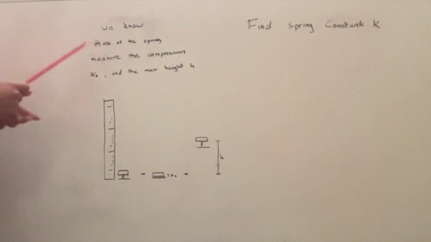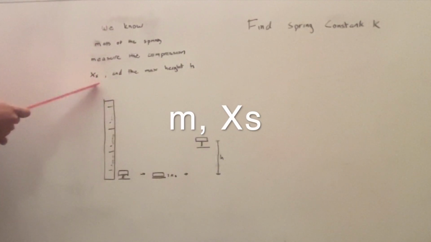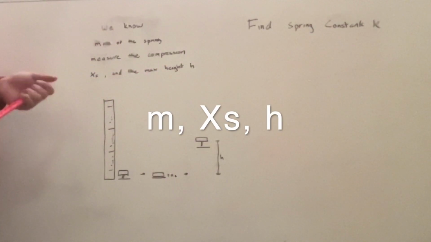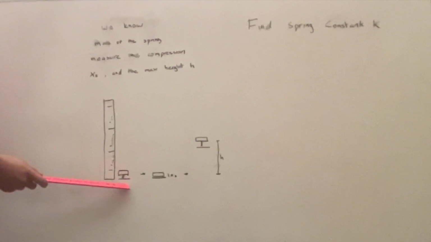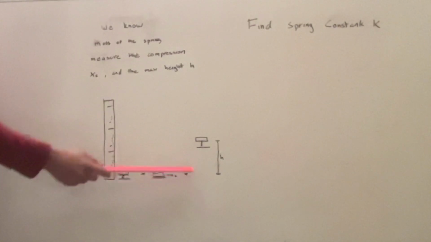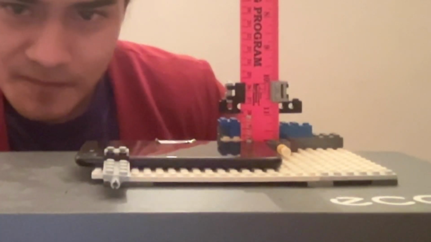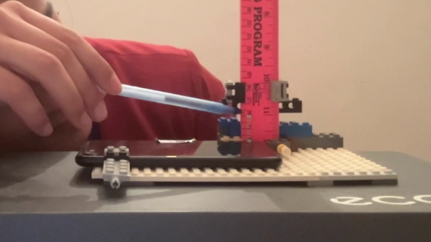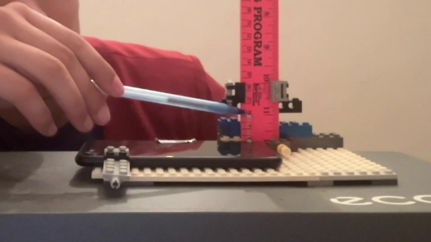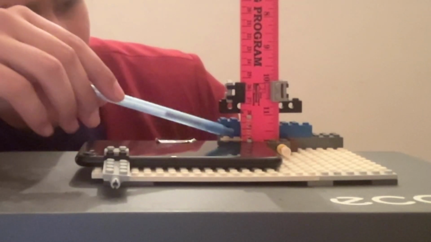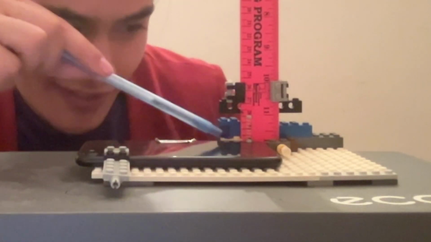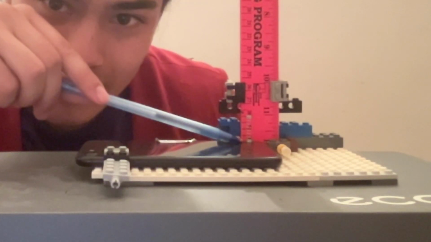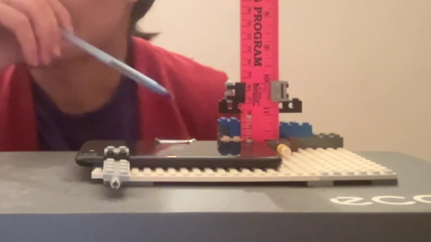So essentially we know m, the change in the length of the spring, and the height it jumps up. Right here it's at rest, compressed, and then jumps up. I don't know if you can see it, but the spring is about this tall, right here. And then, since the phone is here, it's putting it at a height, initial height of whatever this is.